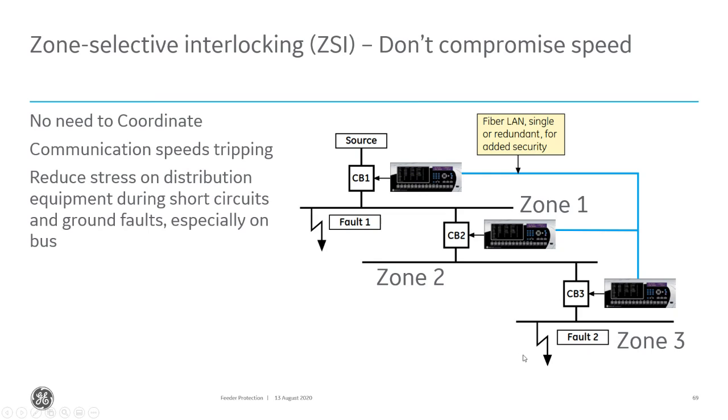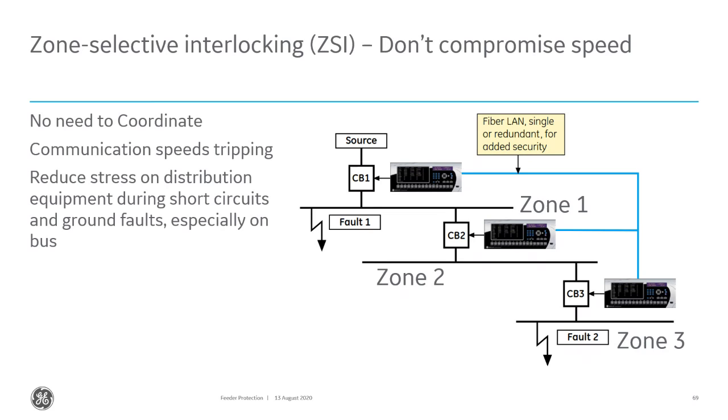The problem with this methodology is it requires that all of these feeders be in a general location, right? So if you have a feeder further out in the field somewhere, it might be more difficult to do that. You might have to use a wireless system, and that's okay.